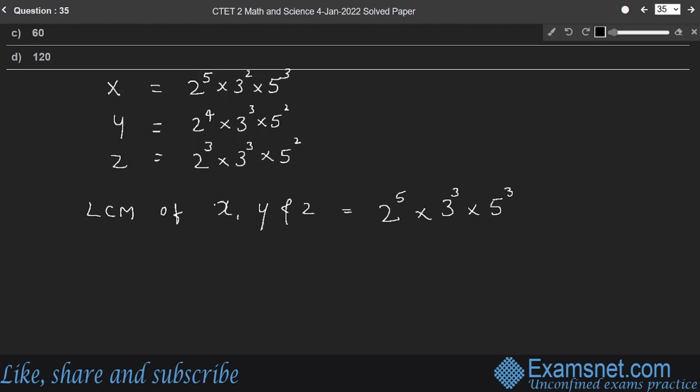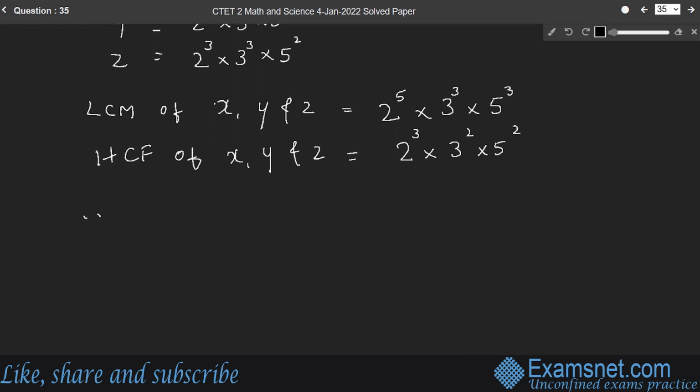So come to HCF, highest common factor of x, y, and z is the product of lower powers of each of the prime factors that commonly occurs in all these numbers. So the lowest powers of each prime factor, that is 2 to the power of 3, which is the lowest, 3 to the power of 2 into 5 to the power of 2.